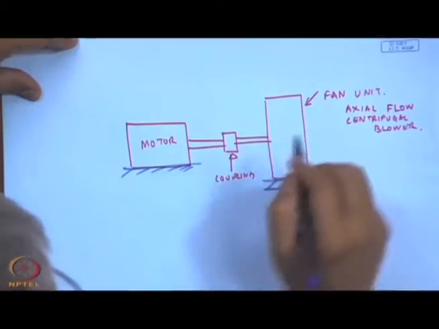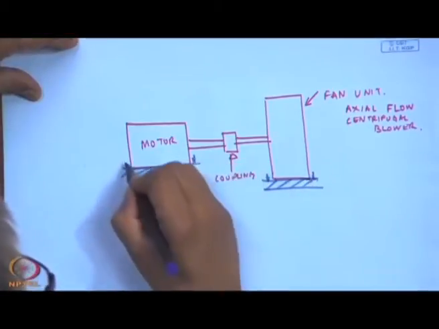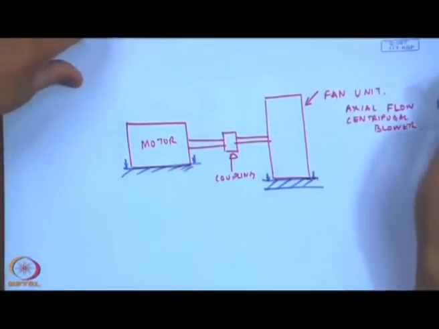Okay. And they are nicely anchored, because some of these motors could be as high as 1000 horsepower, particularly in steel plants where we require such high pressure air to be fed to the blowers for combustion.